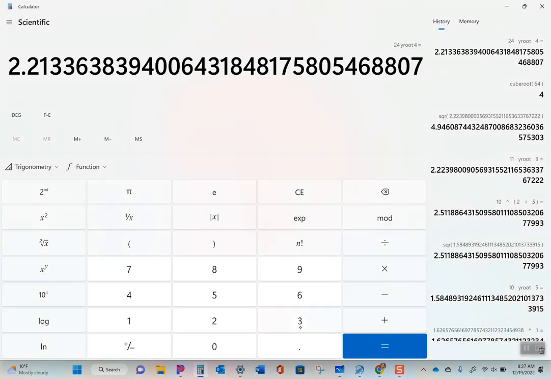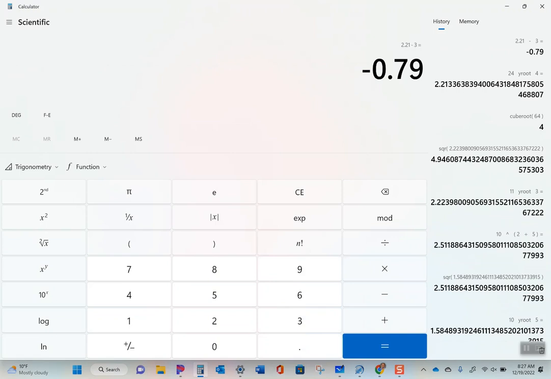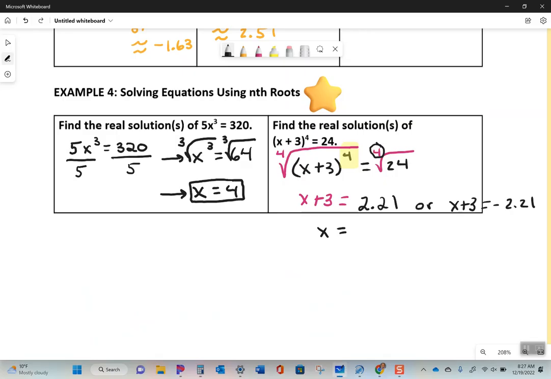Or is it too early on a Monday? I think it's negative 0.79. Yep. So x is equal to negative 0.79, or I can do this one in my head. If I subtract 3 more from negative 2.21, this would be negative 5.21.